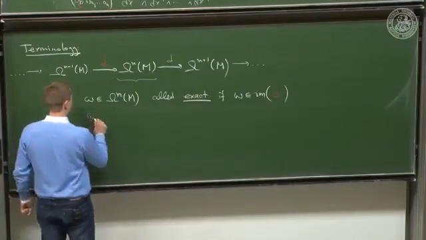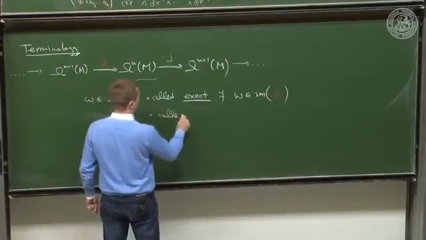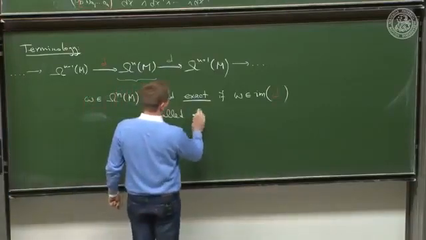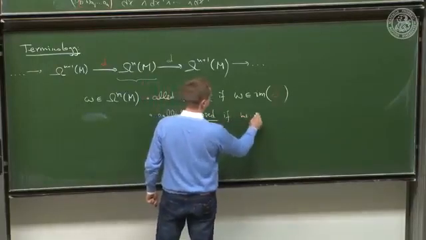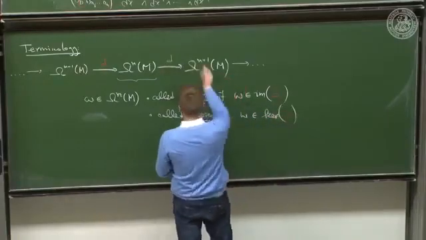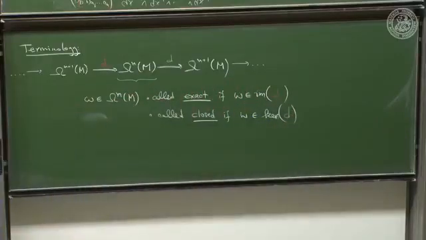And an omega in the n forms is called closed if it lies in the kernel, not of the same D, but of the next D. So in general, a form will be neither exact nor closed, but those that lie in the image are called the exact forms, and those that lie in the kernel are called the closed forms.